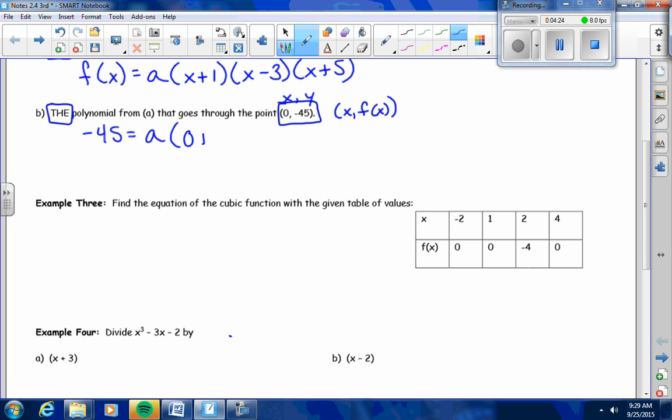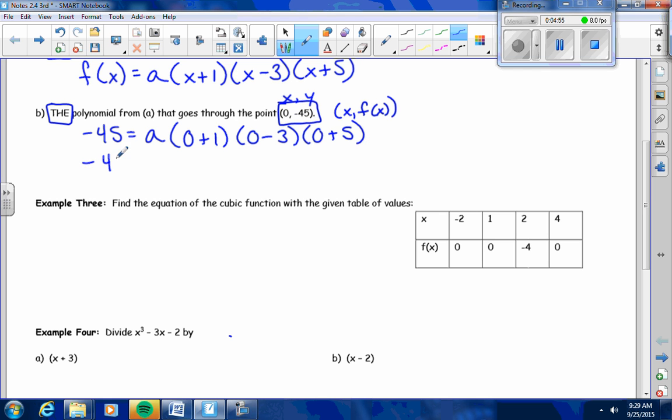So 0 plus 1 times 0 minus 3 times 0 plus 5. So what I've done is I've plugged in the x value for the point, and I've plugged in the f of x value for that point. What's the only thing to solve for? A. We're solving for A and finding the specific leading coefficient that will work for this particular polynomial.